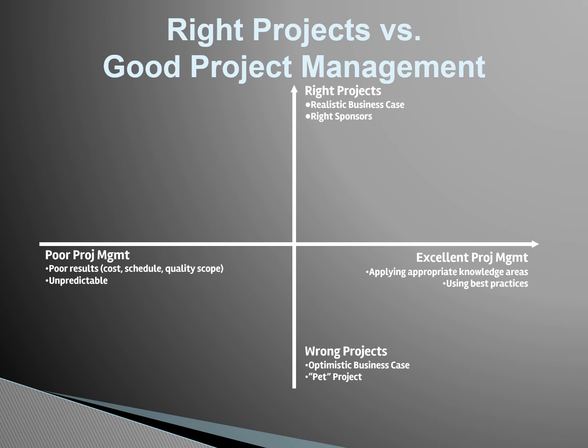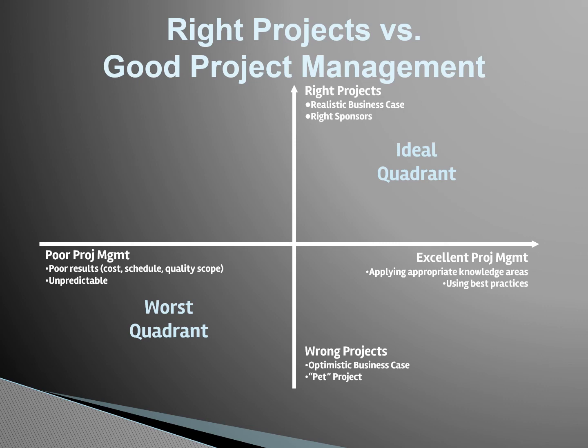So when you have this, where do we want our projects to be? Clearly, the ideal quadrant is the top right quadrant. This is where we have chosen the right projects with a strong business case, and we are executing these projects with excellence. Probably as obvious, opposite to that is the lower left quadrant, which would be the worst projects.